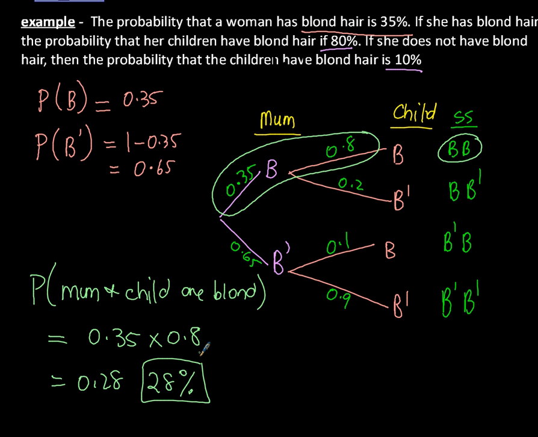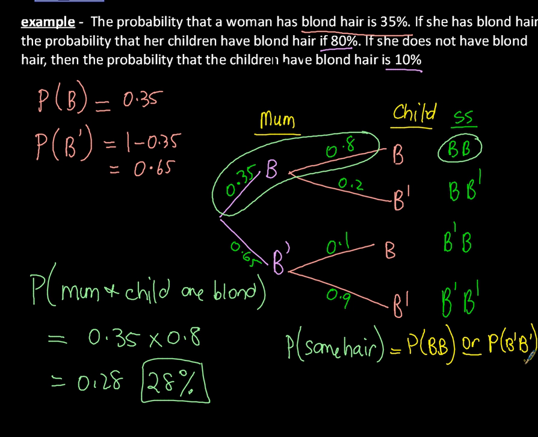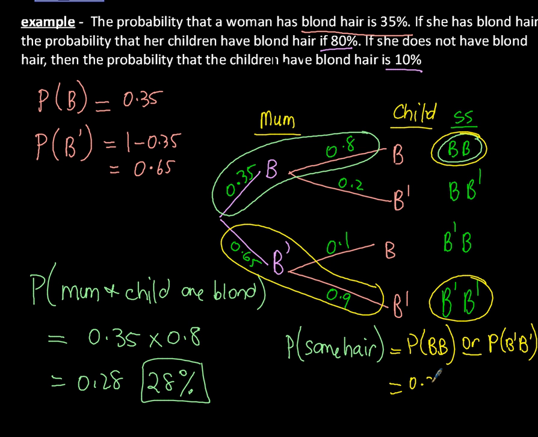Okay. What if the question was the probability that they have the same hair colour? Then we'd be looking at probability of blonde, blonde, or not blonde, not blonde. So we'll have a look at our sample space here. Blonde is up here. We just did that one. And not blonde down there. So using our probabilities, we would have 0.35 times 0.8, which we just did.